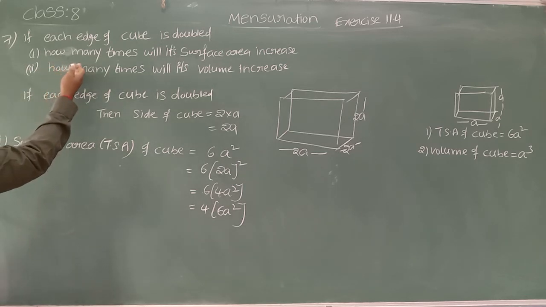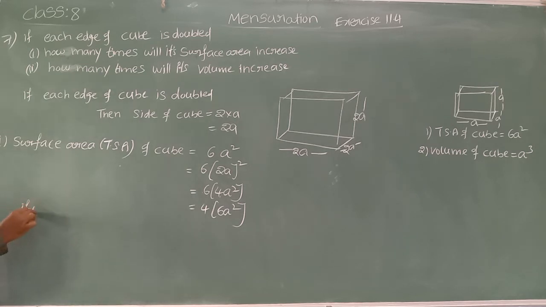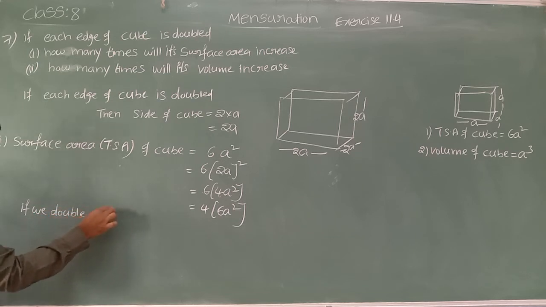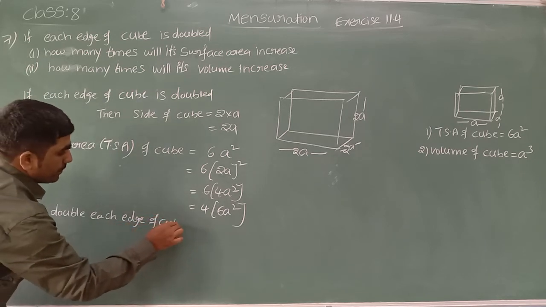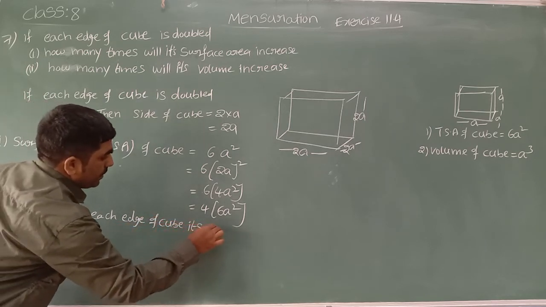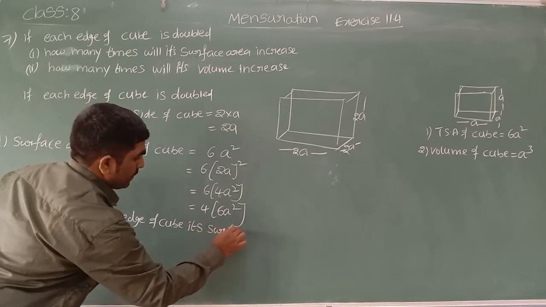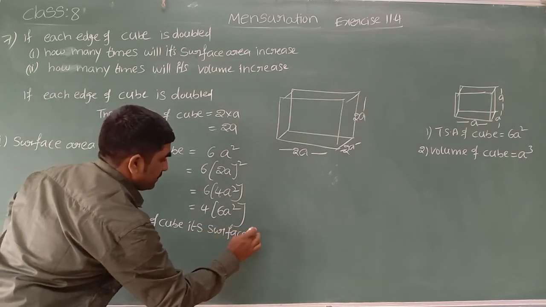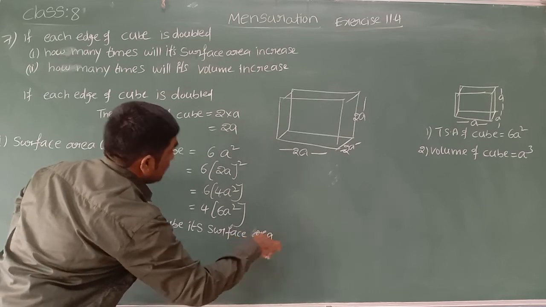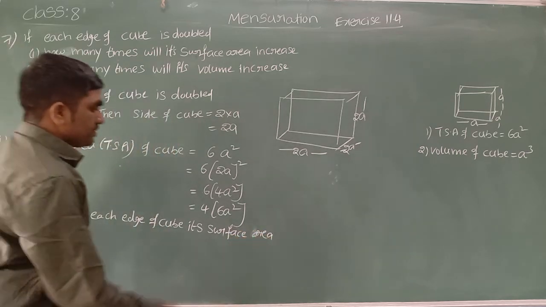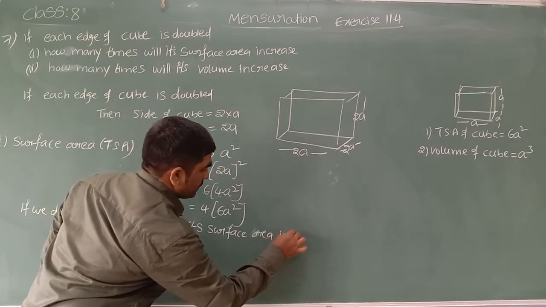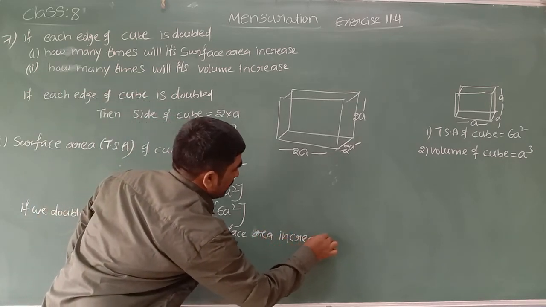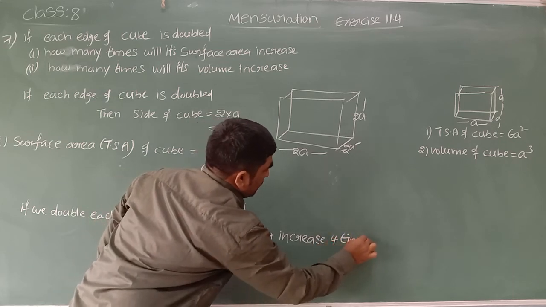Right. So what we can write? How many times will its surface area increase? If we double each edge of a cube, its surface area increases how many times? 4 times.